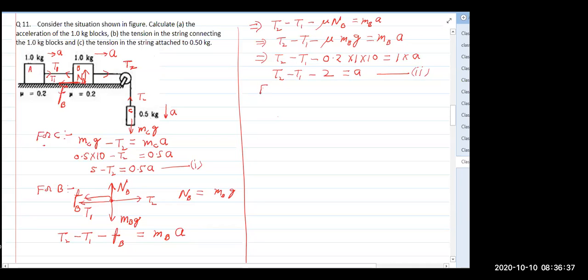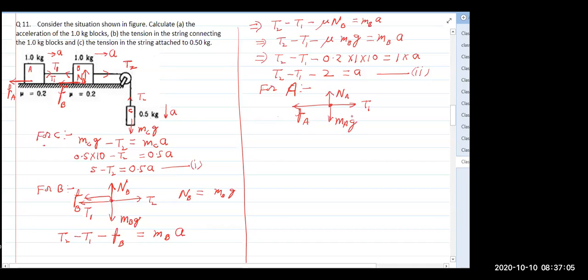Similarly for equation 3, for A. For C we have already done. For A, you can see there is a tension pulling in this direction, T1. Then there is friction FA, then a normal NA, and a downward force MAg.